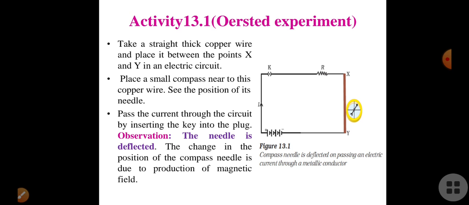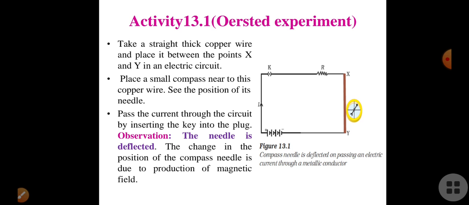So what will happen? We observe that the needle is deflected. When the current is passed through this wire and this needle is placed below this wire, there is deflection in this compass needle. When current was not passing initially in the wire, at that time the compass needle was pointing towards the north and south direction. But as soon as the current starts passing through this wire, this compass needle gets deflected.